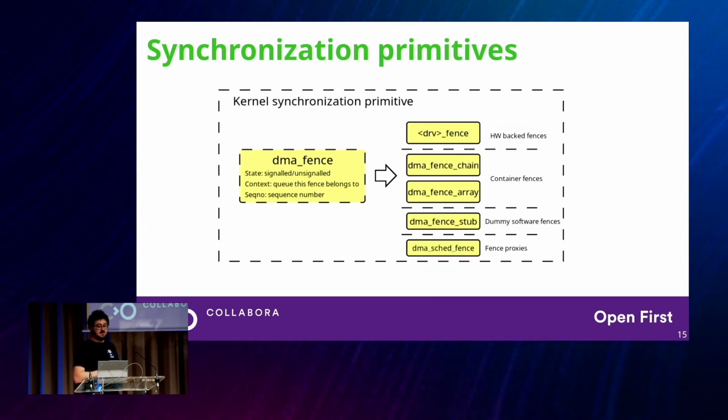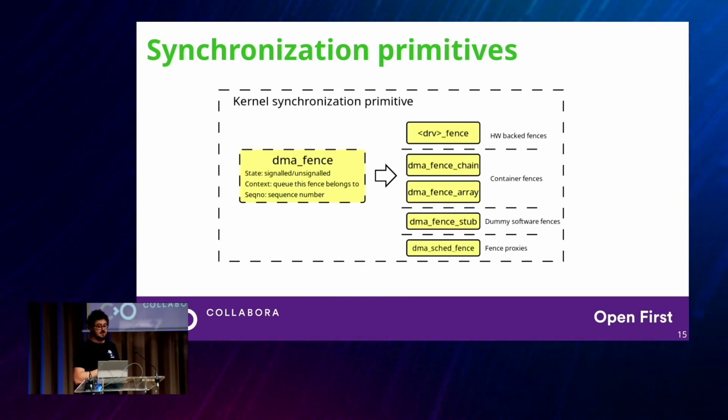Also attached to this fence is the context. The way GPUs work is that they have hardware queues where you can push a lot of jobs, but then they are executed asynchronously. So there's a deep pipeline there, and we need to know where in this pipeline the scheduler inside the kernel is.